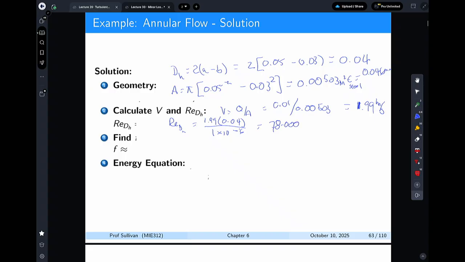And remember, we have this magic line that everything separates between 4,000 and above as fully turbulent. We don't worry about transition, we just know that it's happened. Friction factor: epsilon over dH is 0.0115, and that yields a friction factor of 0.0232.